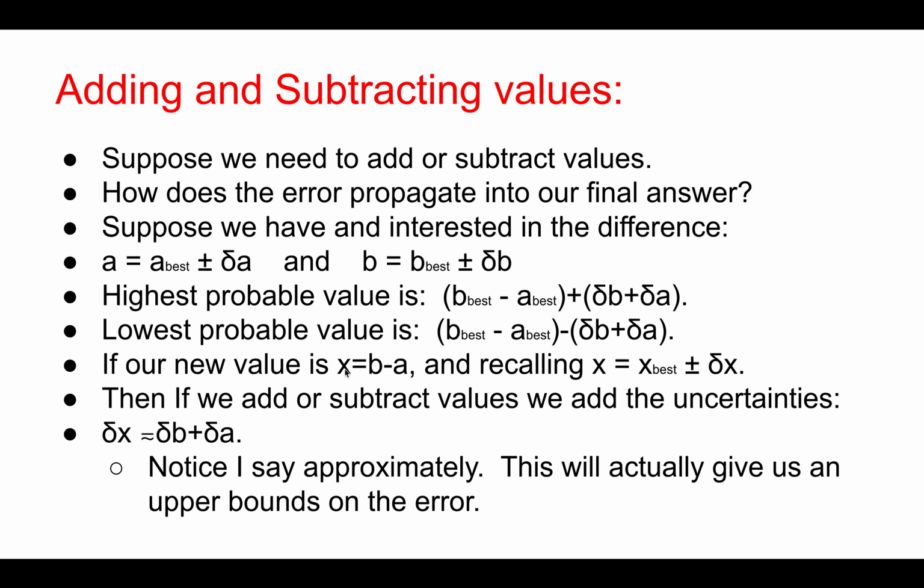Okay, so if our new value x is B minus A, and recalling that x is x best plus or minus delta x, we see that x best is B best minus A best, and the uncertainty is just the sum of these uncertainties.